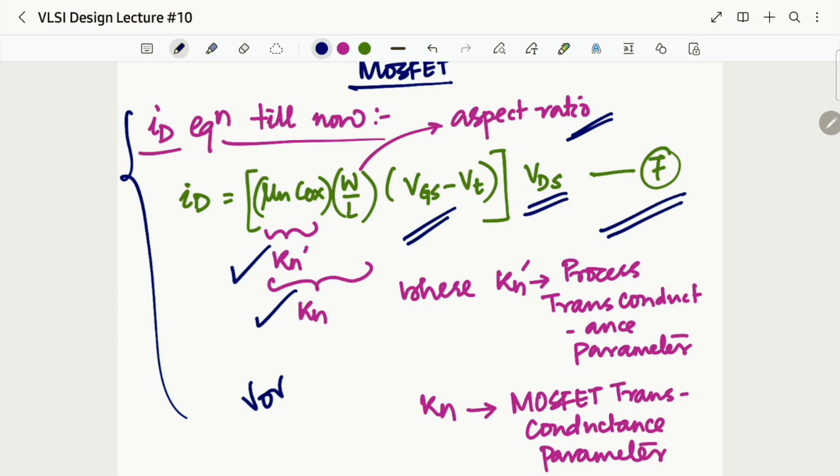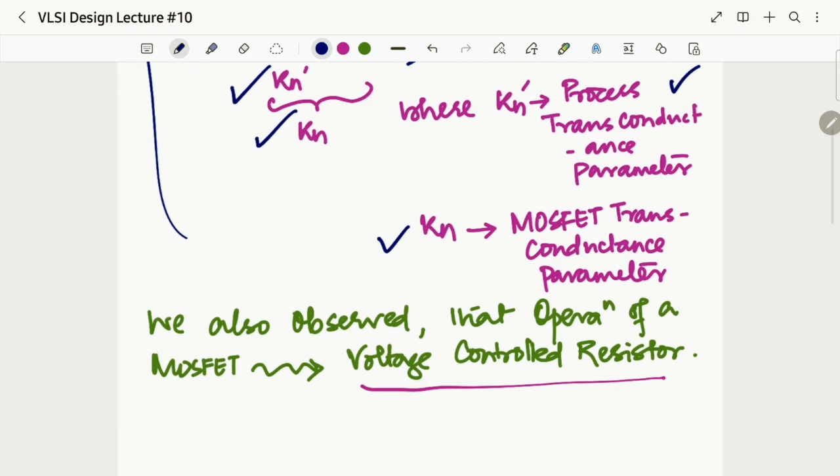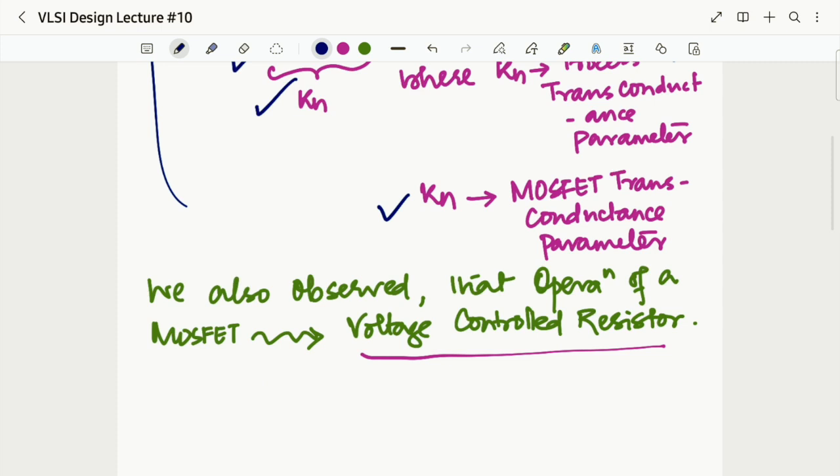And VDS is what we are applying at the drain end. Kn dash is the process transconductance parameter, and Kn is the MOSFET transconductance parameter. The last thing that we did in our previous class was we also observed that a MOSFET behaves as a voltage controlled resistor.